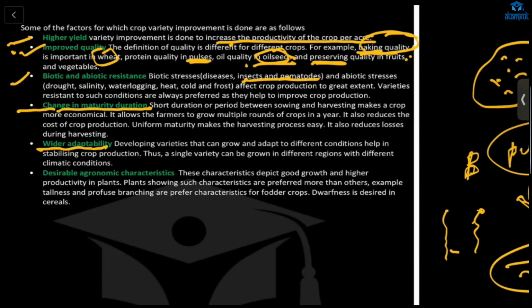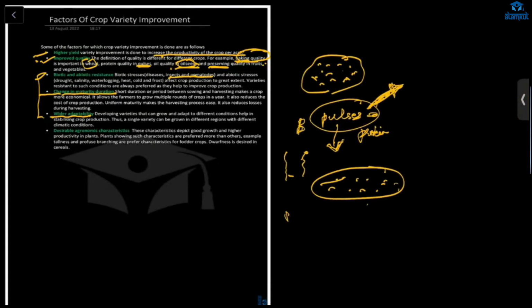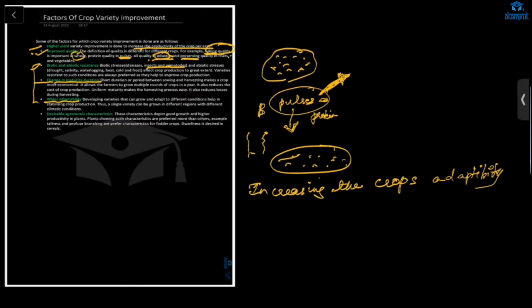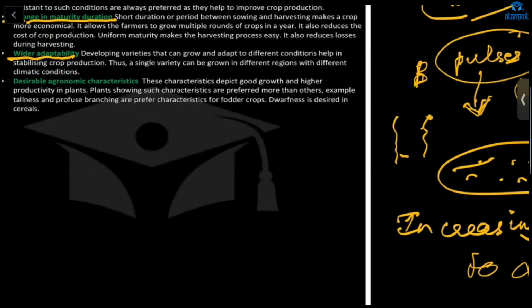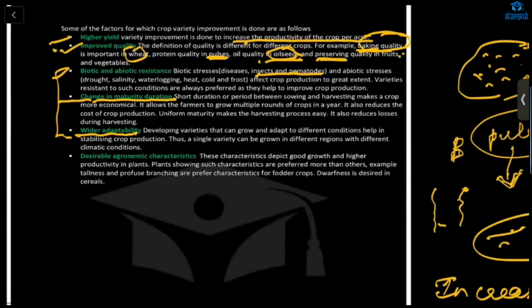So what is wider adaptability? Here also it's the same as biotic and abiotic resistance. We are increasing the crop's adaptability to different conditions, so they can grow in any type of soil, anywhere. Based on that, the crop variety improvement programs are done.